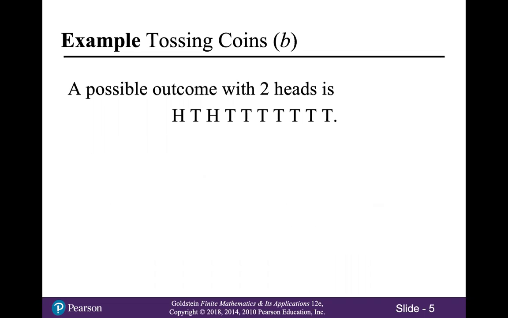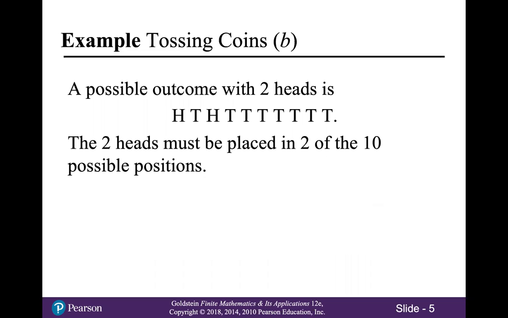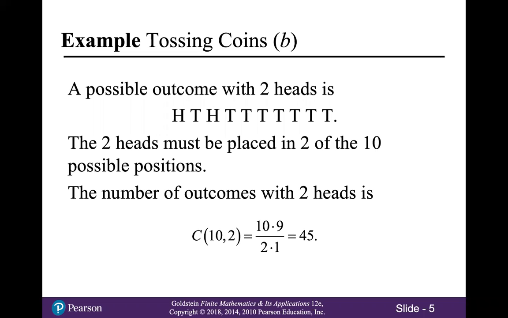All right, for letter B, here is one possible outcome with 2 heads. In this particular case, the 2 heads came up first and third. So those 2 heads must be placed in 2 of the 10 possible positions. So the number of outcomes with exactly 2 heads is 10 choose 2, which comes out to 45.